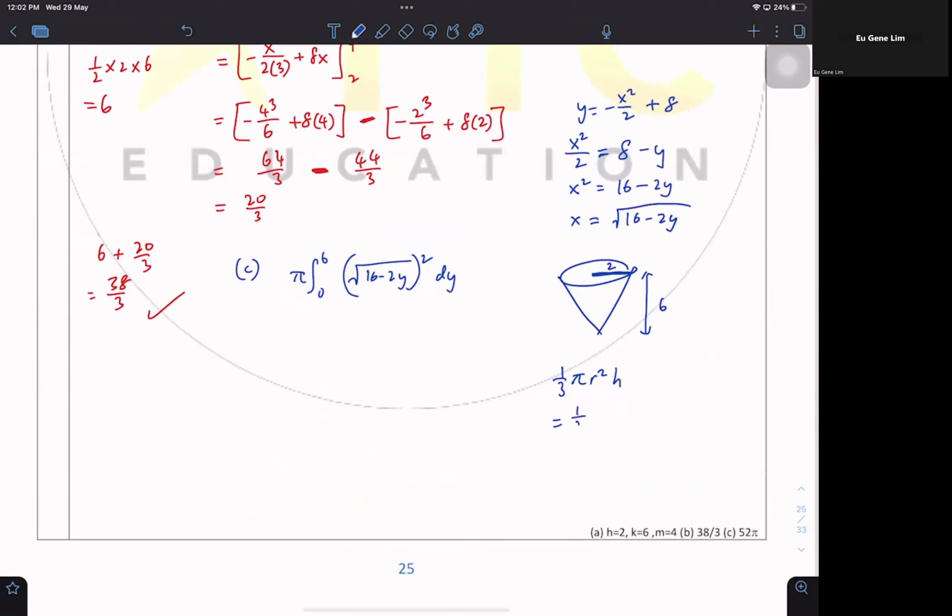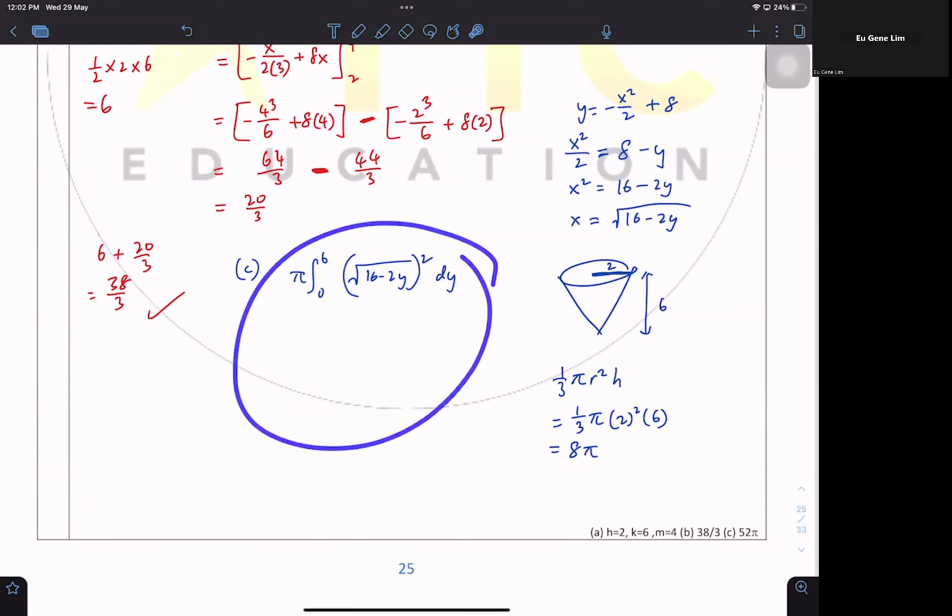Then you just substitute into 1 over 3 pi r square h. Then you press the calculator. Don't press the pi, leave it in terms of pi. 8 pi. Good. Then you use this answer minus the volume of the cone.